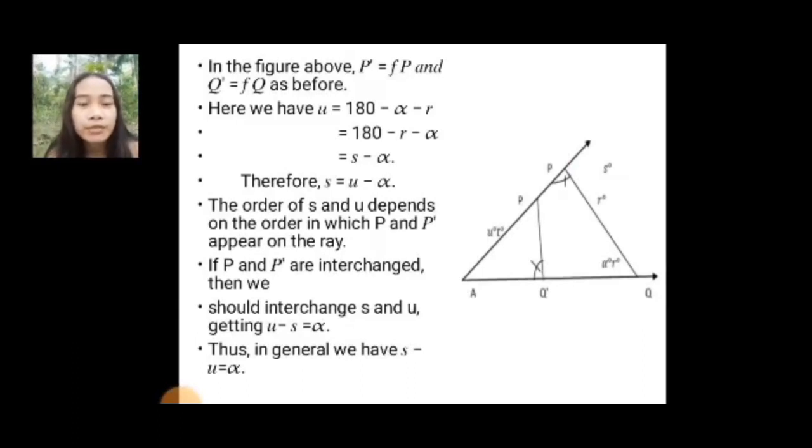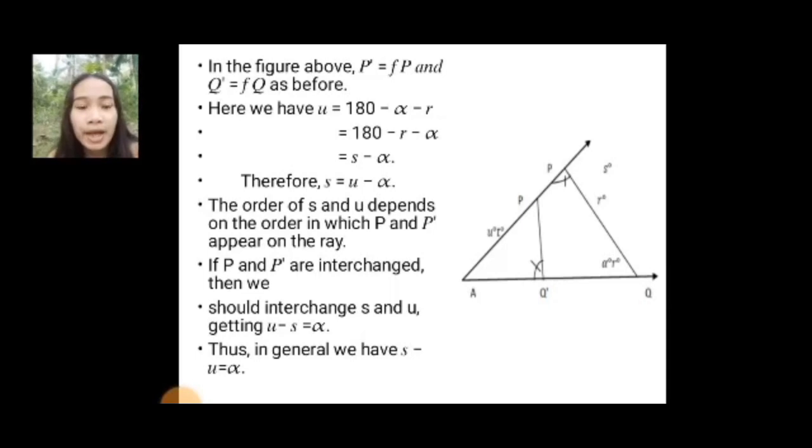So in the figure above, P prime equals f of P and Q prime equals f of Q as before. Here we have U equals 180 minus alpha minus R, which equals 180 minus R minus A, which equals S minus A. Therefore, S equals U minus A. So the order of S and U depends on the order in which P and P prime appear on the ray.